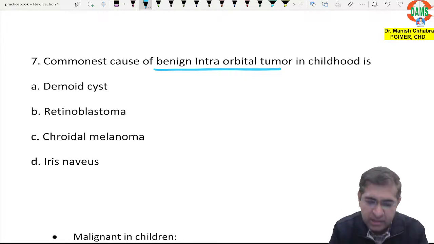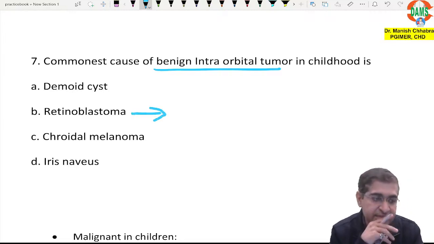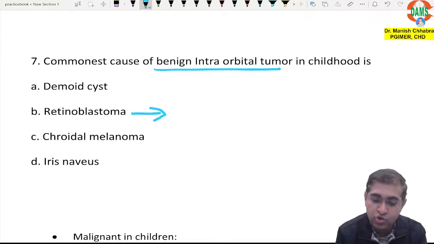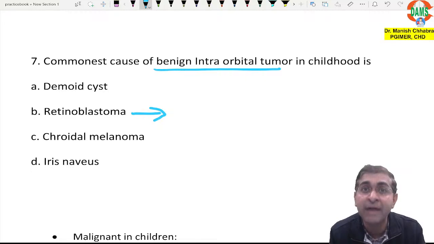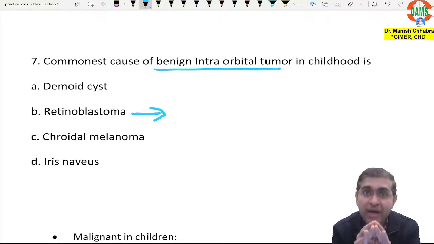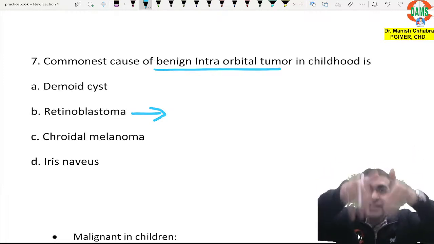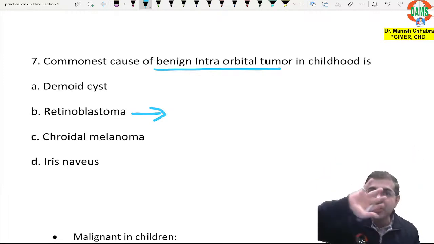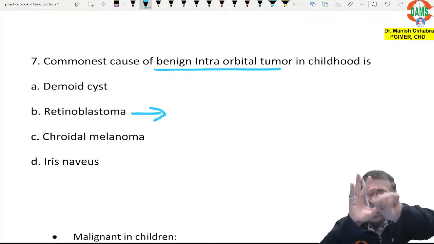Now, first, commonest cause of benign intraorbital tumor. First, what about retinoblastoma? Can you answer? Boys and girls, retinoblastoma is not your intraorbital tumor. An intraorbital tumor is the tumor which is present inside the orbit, between the orbit and the eyeball.